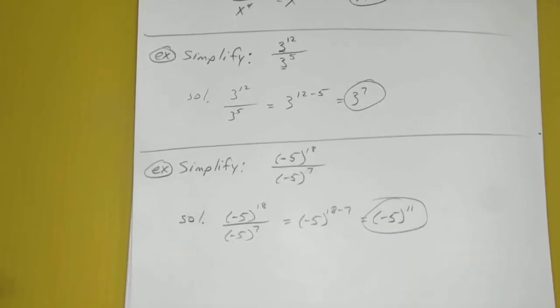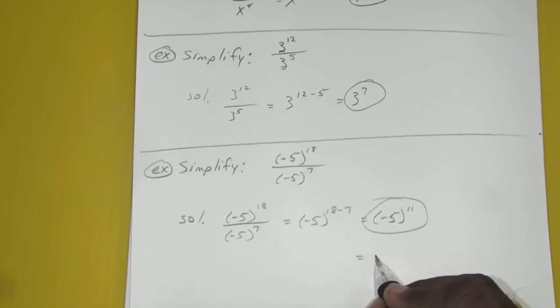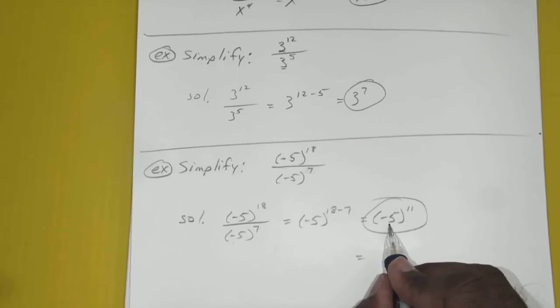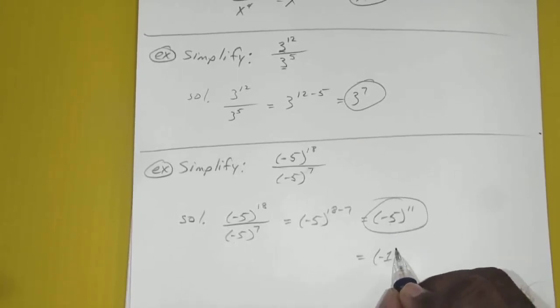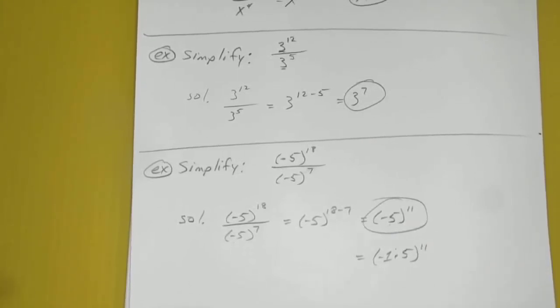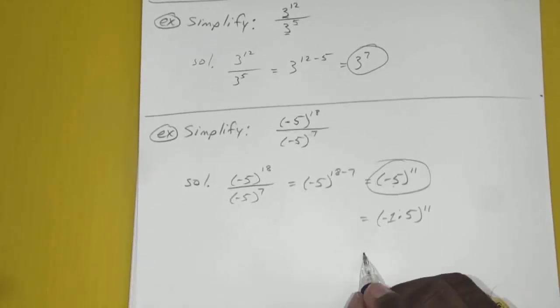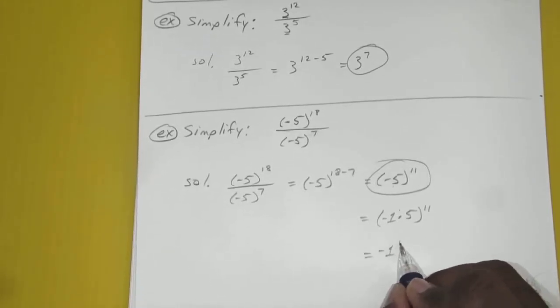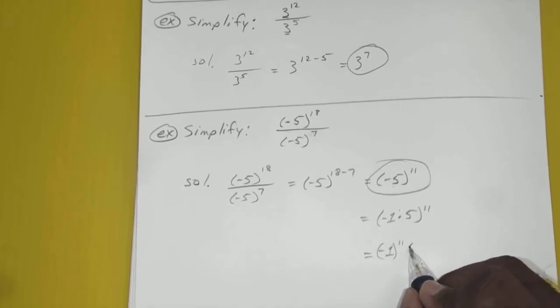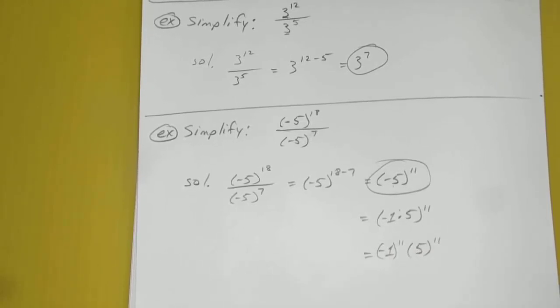So if I was to write that without the parentheses, would that have been wrong? Yep, it would have been wrong. I thought once you simplified it, it would work. If you went a step further and simplified this one, it wouldn't be wrong, only because if you did separate this, if you have negative 1 times 5 to the 11th power, then you could rewrite that as negative 1 to the 11th power times 5 to the 11th power.